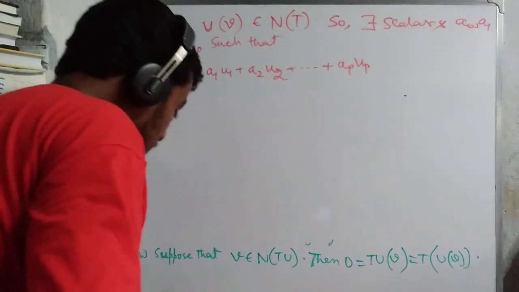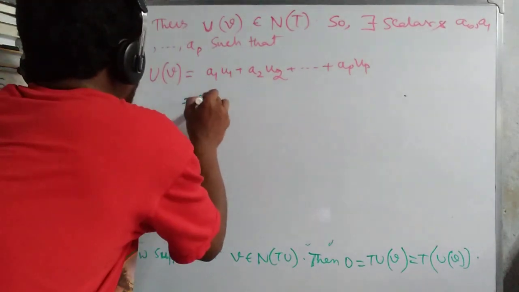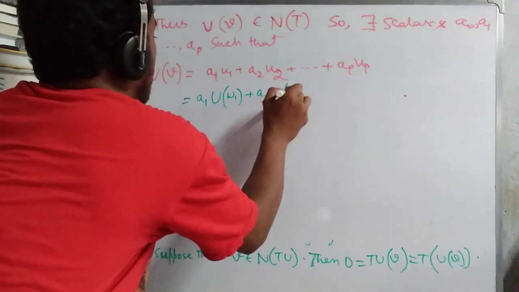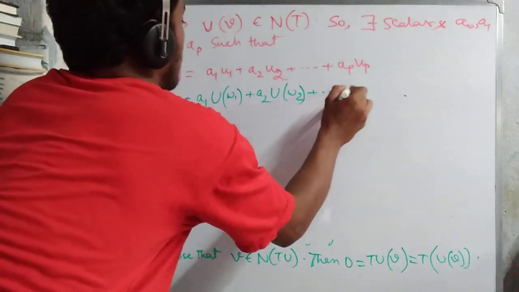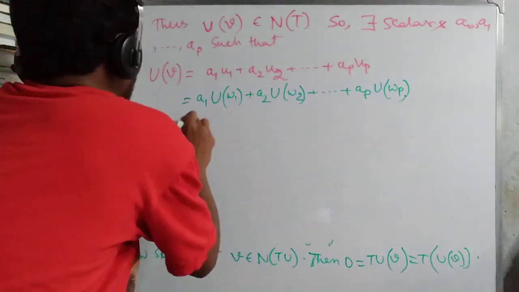Then this one equals, again we write in this way, a1 U w1 plus a2 U w2 plus ... plus ap U wp.